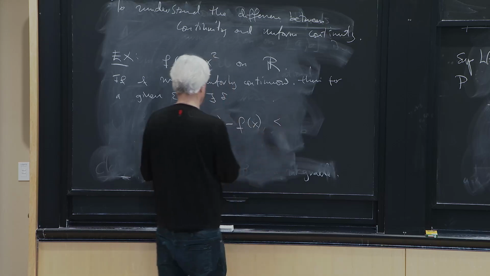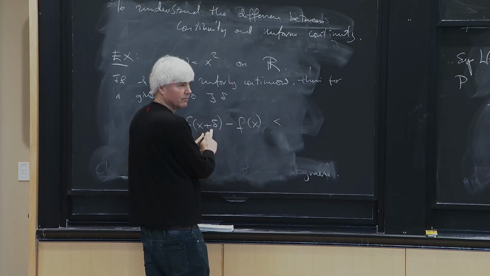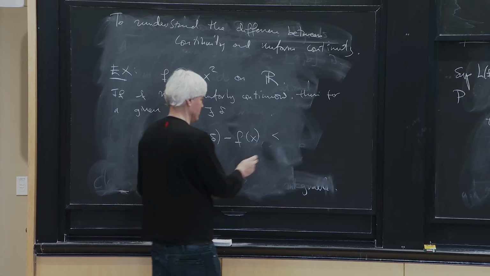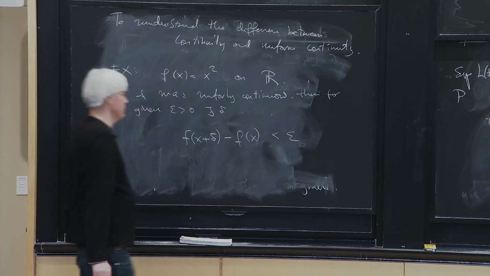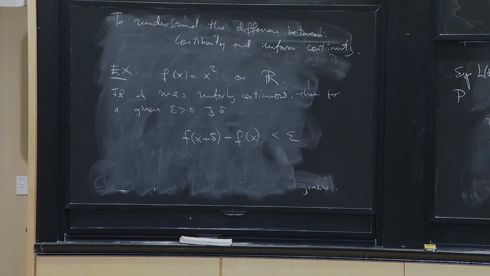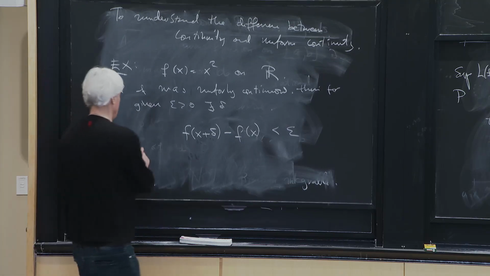If you don't like it, you could say delta over 2, if you want it to be strictly between, but it doesn't really matter. I'll just say it like that. This here would have to be the case, right? And it would have to be the case for all x.